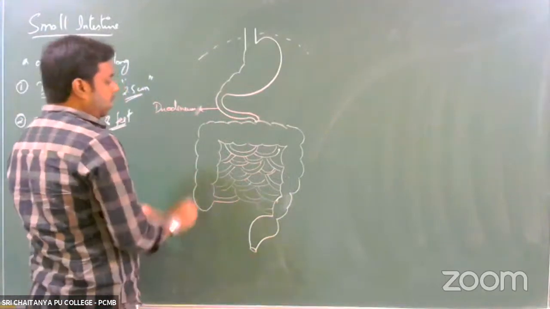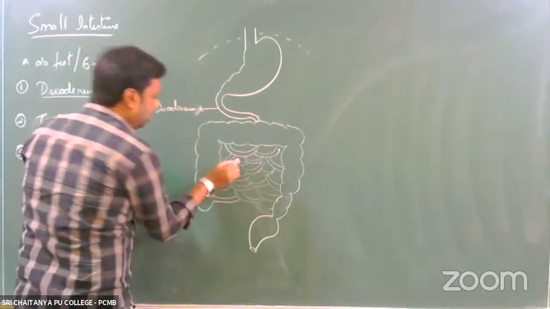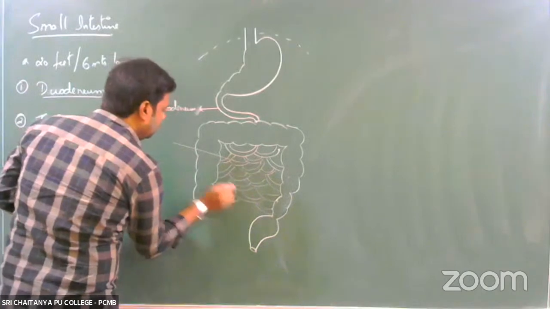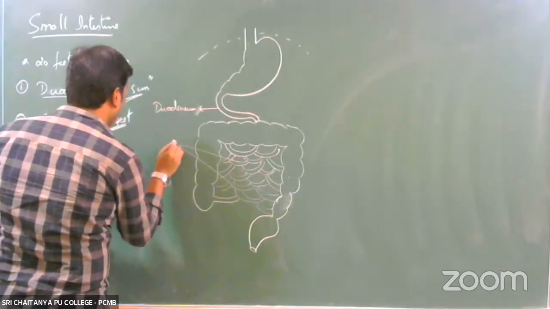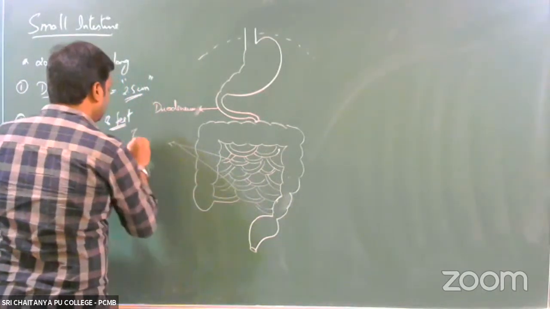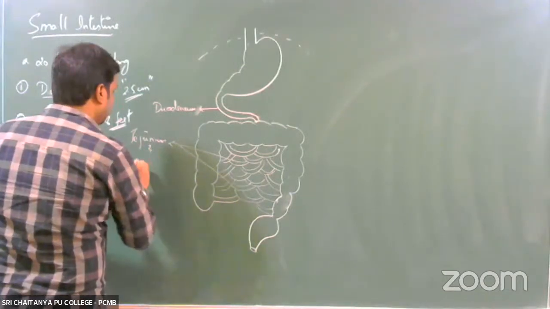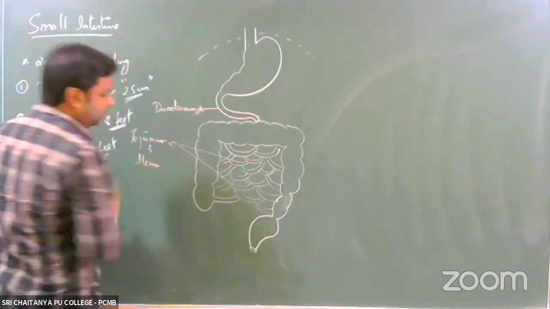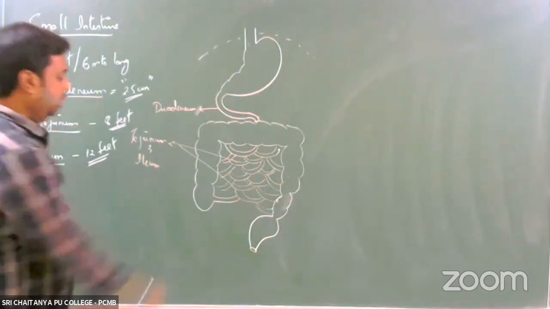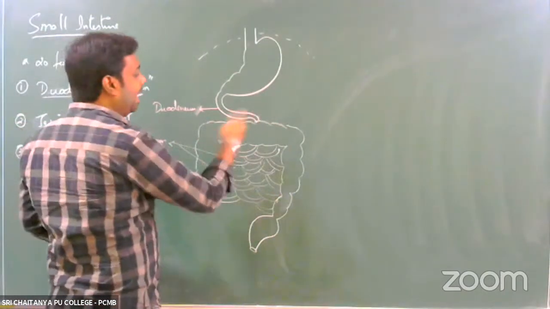Right. So this entire structure would give us the jejunum and the ileum together, which is said to be a 20 feet long structure. This entire structure would be the large intestine.